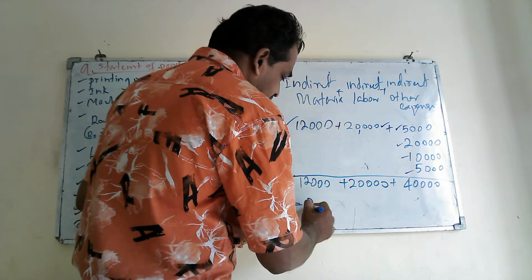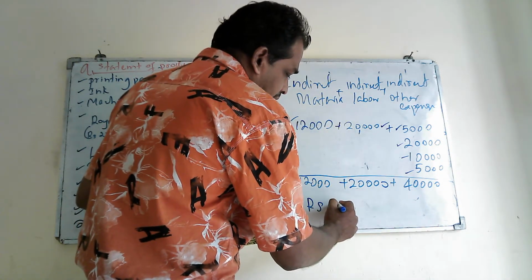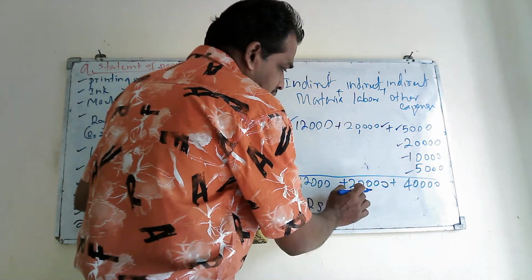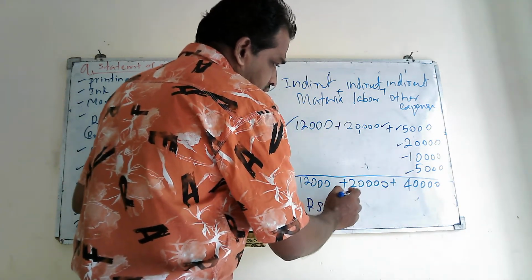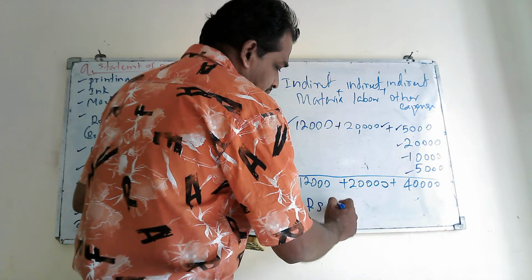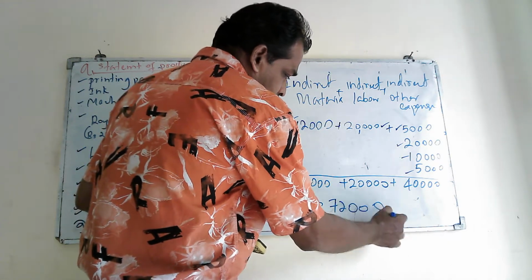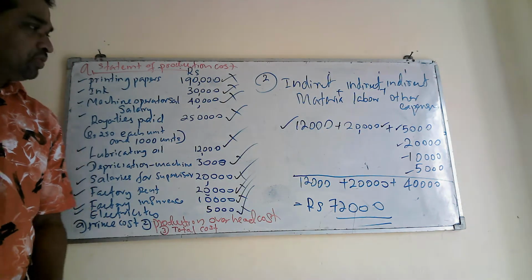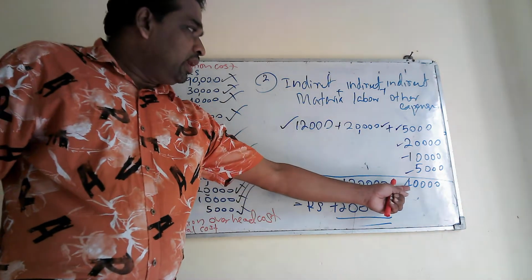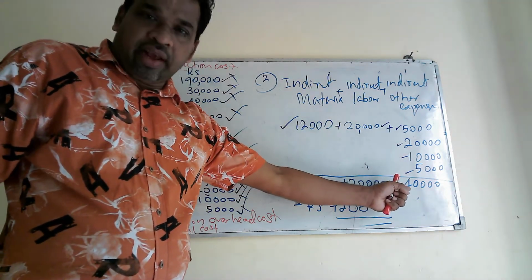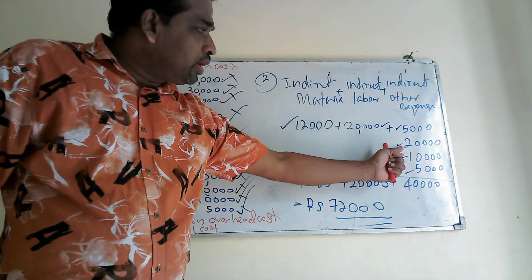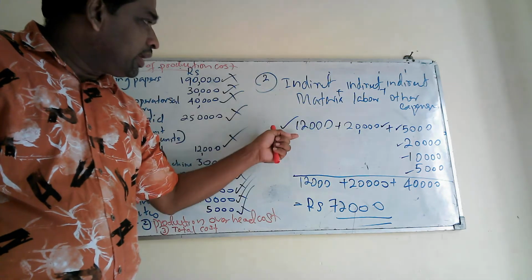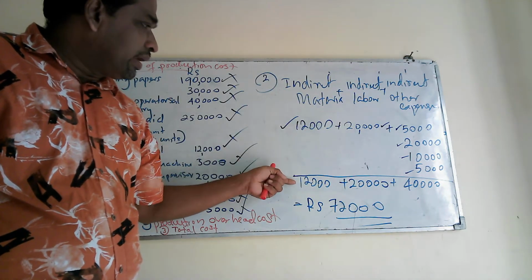Then equals rupees 72,000. 40 is the total of these indirect other expenses: 5,000, 25, 35, 40. 12,000 indirect material, 20,000 indirect labor.